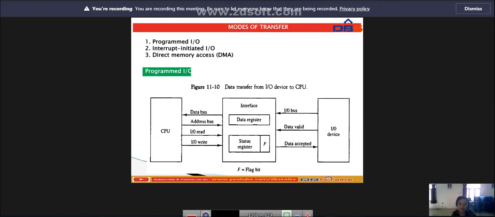So what is meant by programmed input output? The programmed input output method is particularly useful in small, low speed computers.